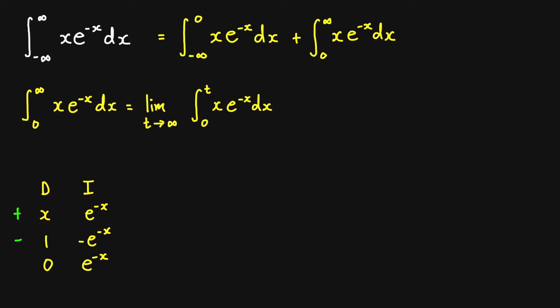So we differentiate it twice, and we'll get here 1 and then 0. And then we find an antiderivative of this, negative e to the negative x. Again, the antiderivative is e to the negative x.